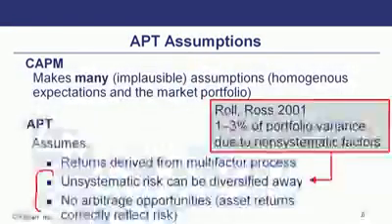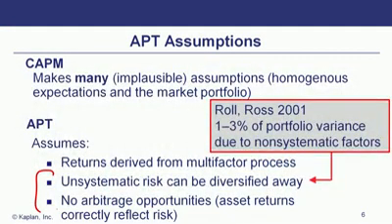The problem, of course, is that we don't know what the factors are. Roll and Ross in 2001 showed that very little portfolio variance is due to non-systematic factors. So if you take a well-diversified portfolio and account for what they have identified as the factors, the residual variance in the portfolio is fairly low.